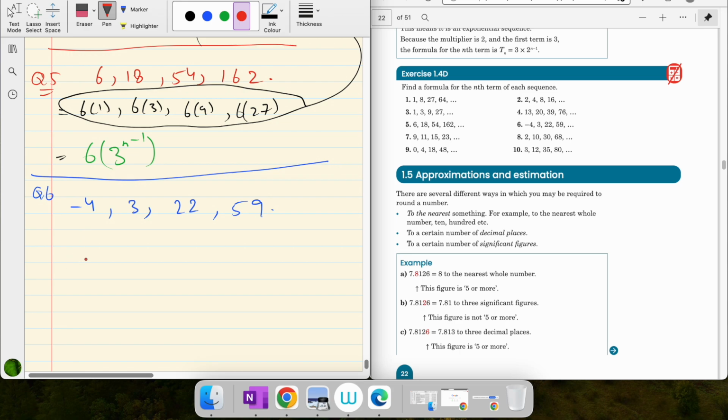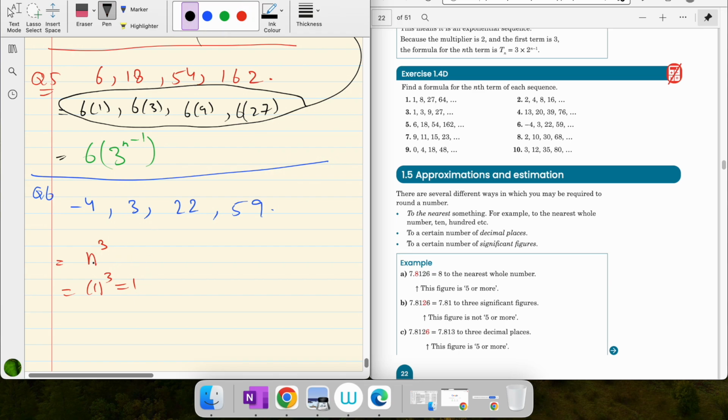Okay, if we just write n cube. Now for first term we need to write 1, right? N cube is 1, but we have minus 4. So what should I change here to get minus 4?